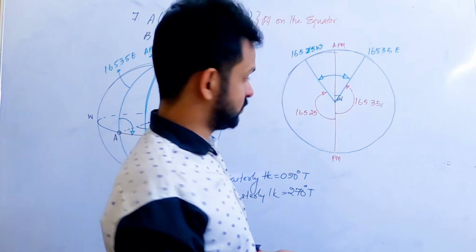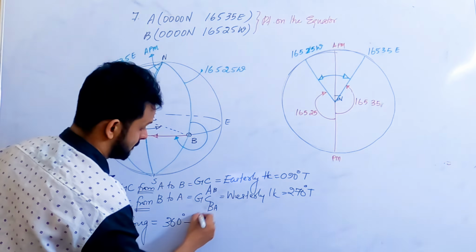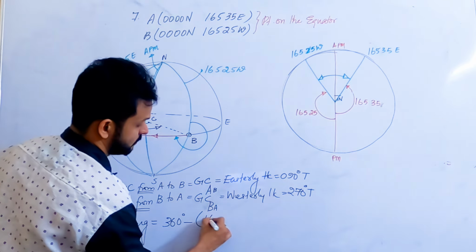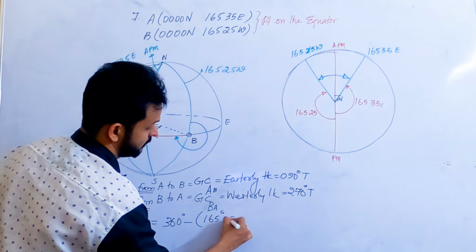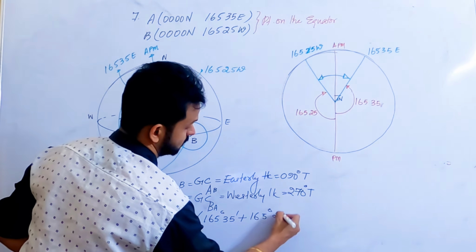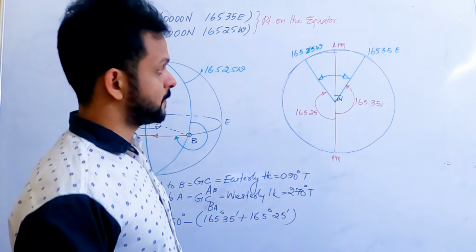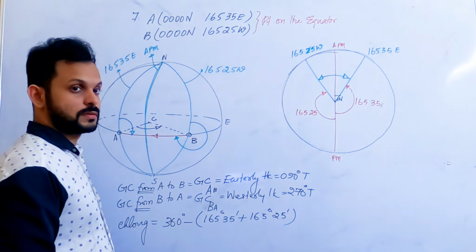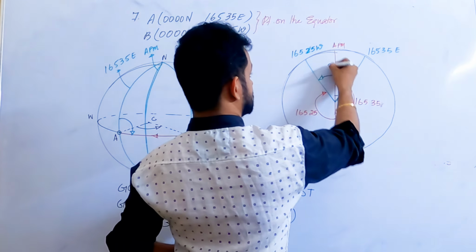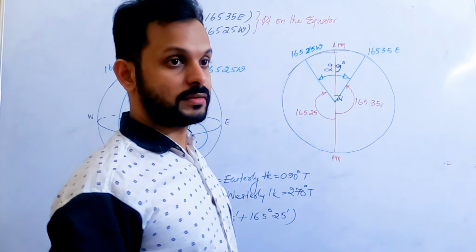So the easiest way to find the chilong will be 360 degrees minus 165 degrees 35 minutes plus 165 degrees 25 minutes. So how much is that? It's 29 degrees straight. Is that the chilong? Yes.